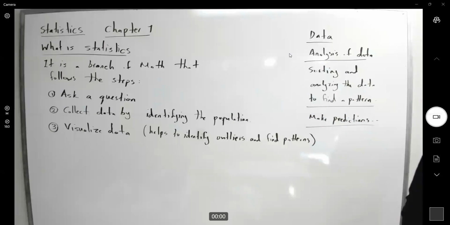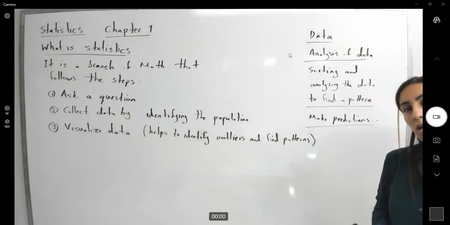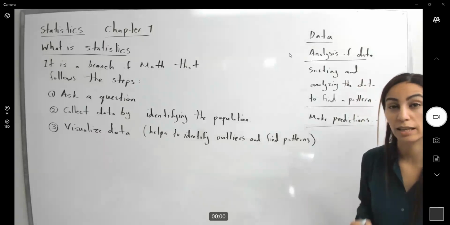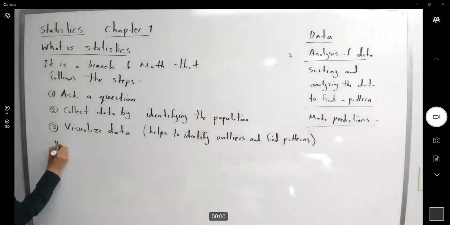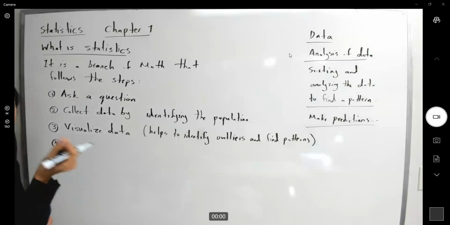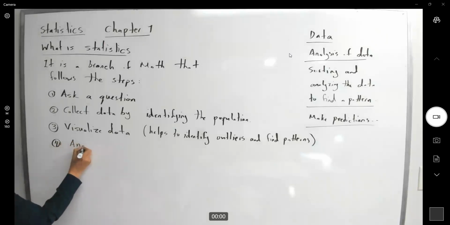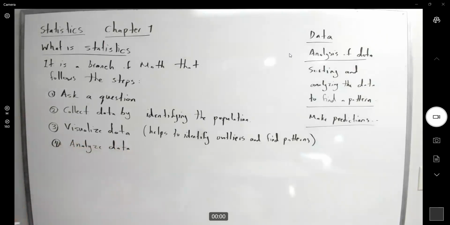After visualizing the data, I'm interested in assigning some numerical characteristics to the data that I collected. Well, in the next step, I want to know what is the average, what is the exact number. I try to analyze the data. What do I mean by that? I try to find the center of the data.